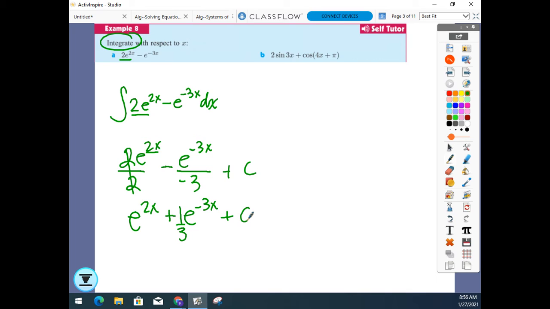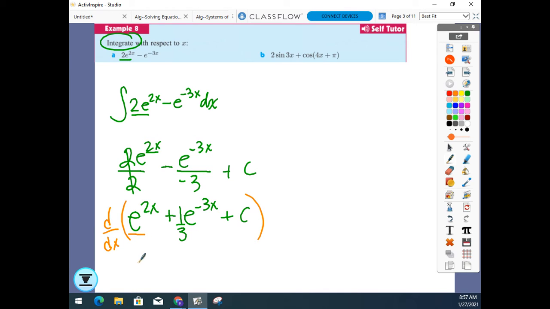Either way is fine. So think about anytime you get stuck and you think, well, geez, I don't know if this is right. You can always take the derivative. So what would the derivative of this whole thing be? This is just to check your work to see if you did it correctly.